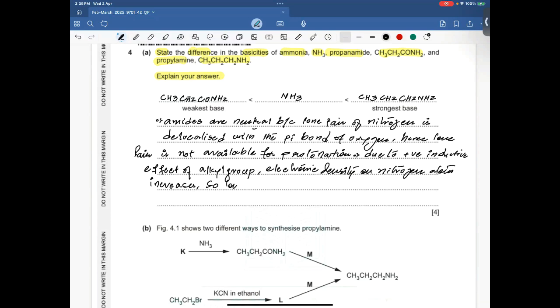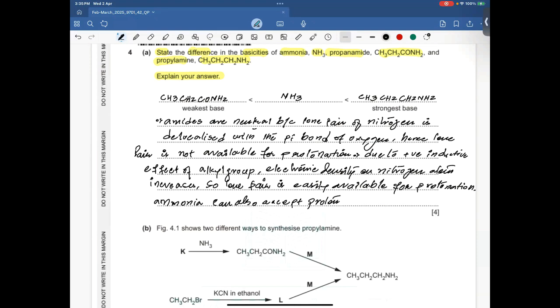So the lone pair is easily available for protonation. Ammonia can also accept a proton as it has a lone pair.